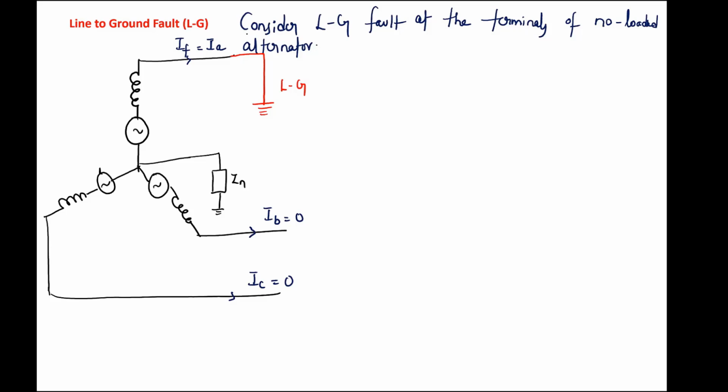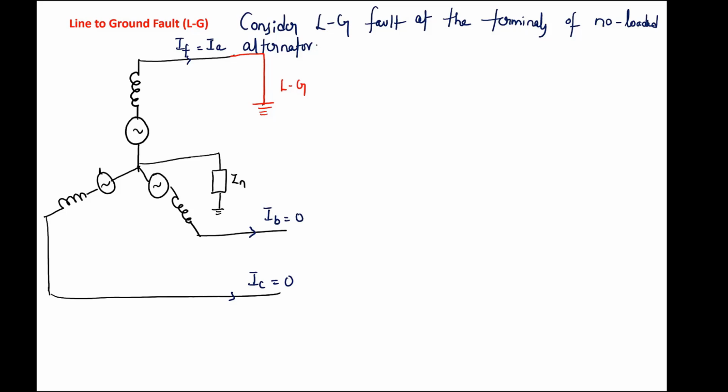If the fault occurs directly, that means if the transmission conductor or the terminal is directly touching the ground, it is called a dead short circuit.